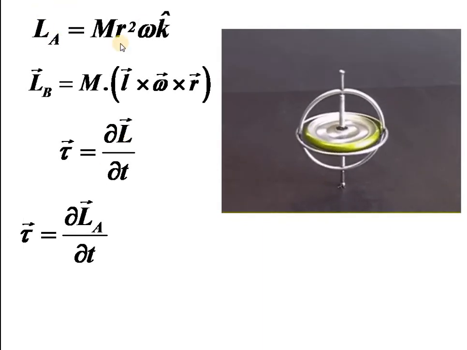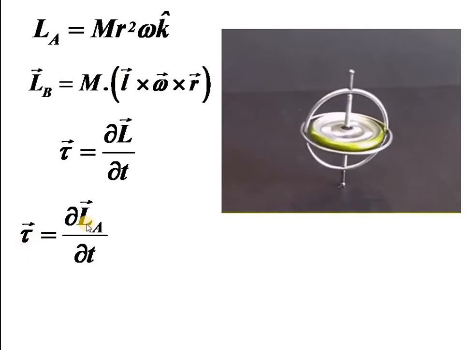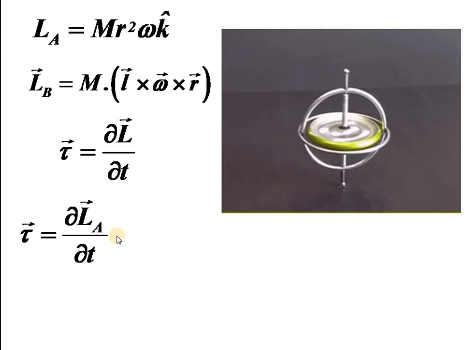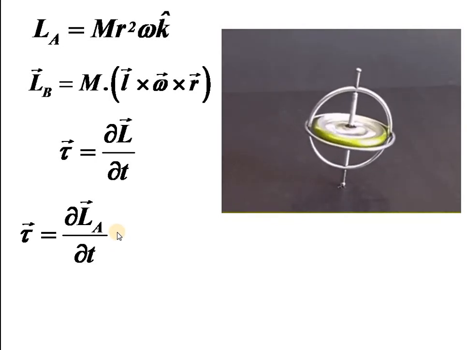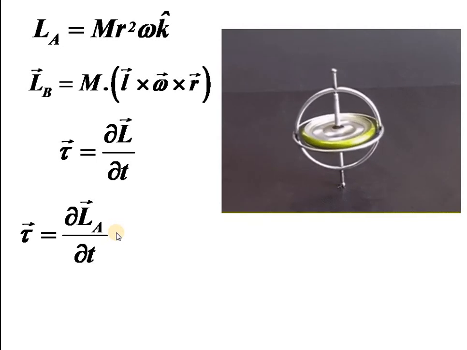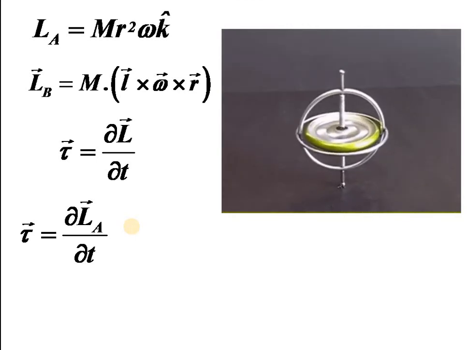It is a constant and does not have any dependency on time. So if you differentiate LA, the torque will be 0. Okay, so by virtue of LA, the angular momentum with reference to A, there is no torque acting on the body.